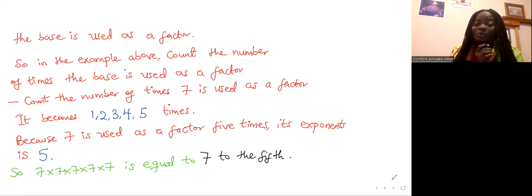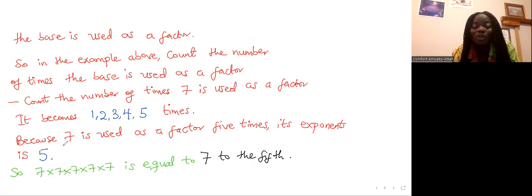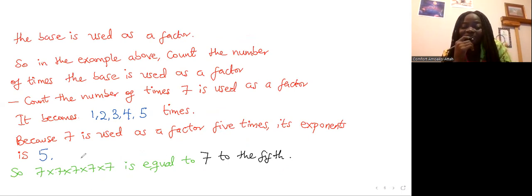So in this example, count the number of times the base is used as a factor. Counting that, we have 1, 2, 3, 4, and 5. Because 7 is used as a factor 5 times, its exponent is 5. And so 7 times 7 times 7 times 7 times 7 is equal to 7 to the 5th.